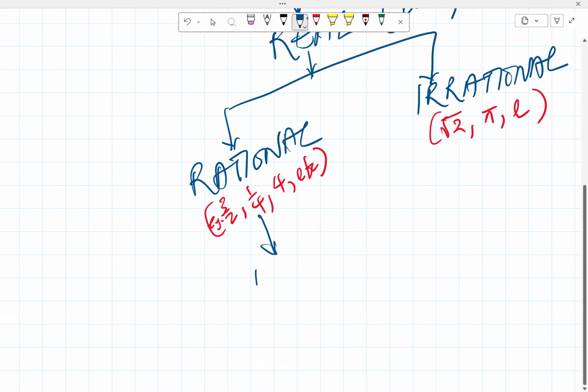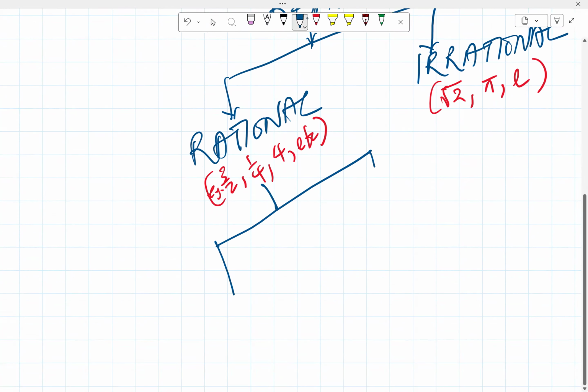So under rational numbers, you can talk about having integers. We can break them down, trying to do a good classification as much as possible. So you can classify rational numbers into things like fractions. You can have fractions. You can have integers.